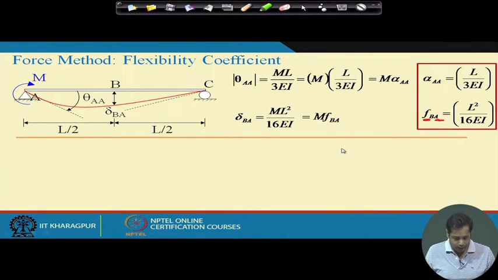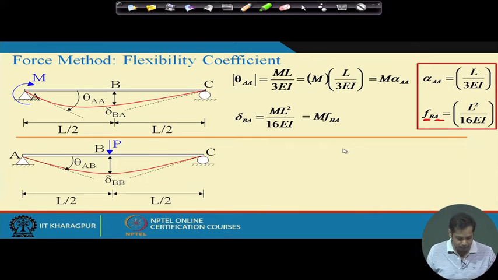Okay. Now, take another case where the same simply supported structure is subjected to a concentrated load at the midspan. And the red line that you can see is the deflected shape of the beam, and the slope at A is theta AB and deflection at B is delta BB.